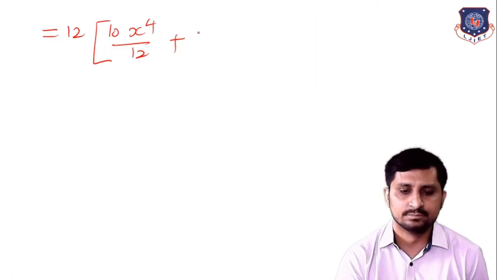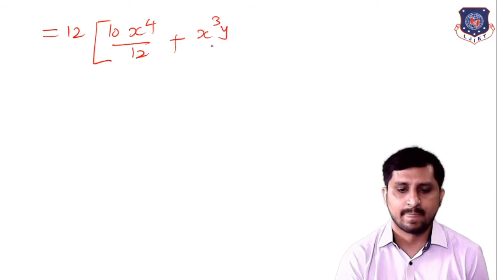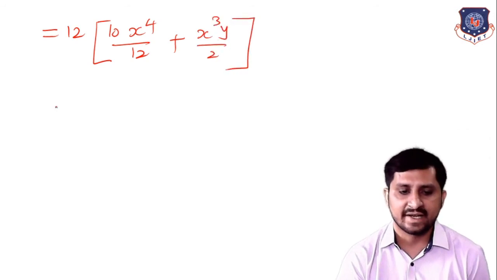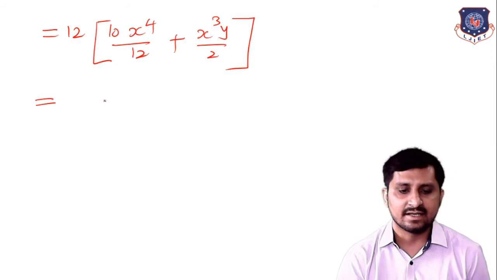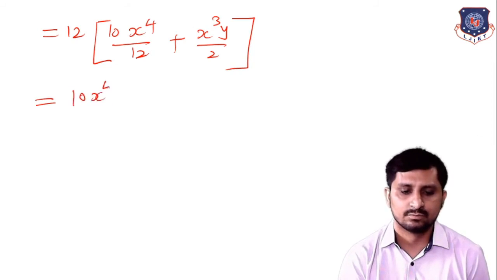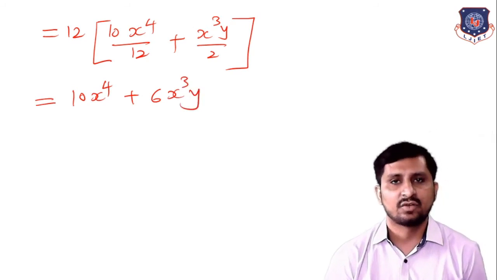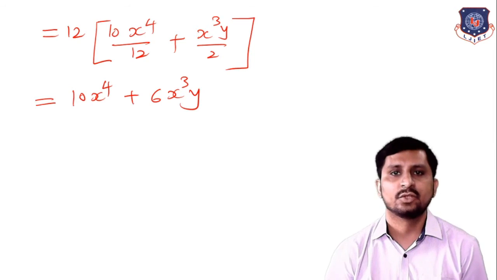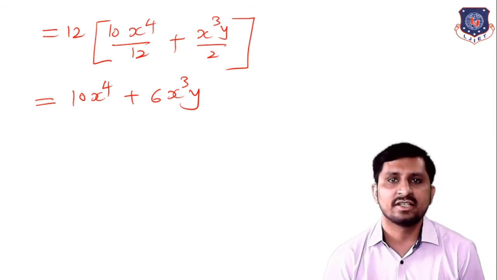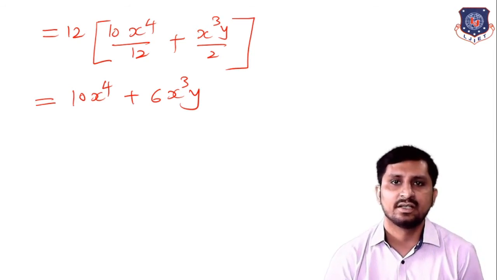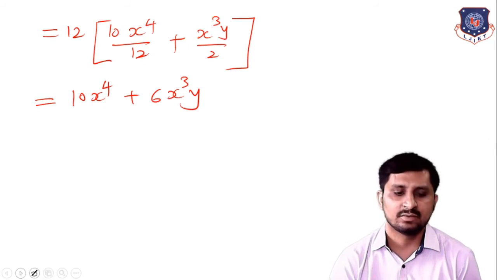So the final answer is 10x raised to 4 plus 6x cubed y. So this is my particular integral for the given example. Okay, and we know that the general solution is complementary function plus particular integral. Let's solve one more example.